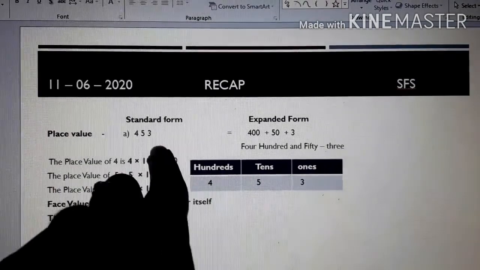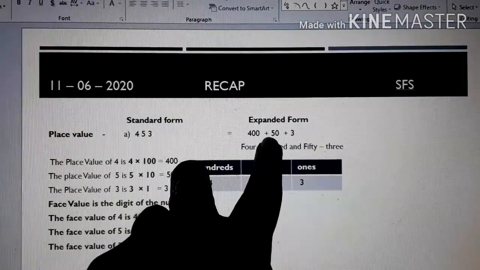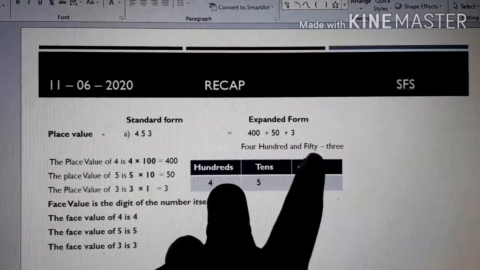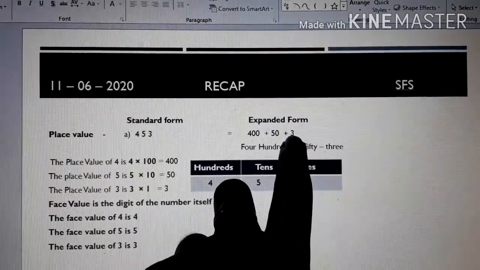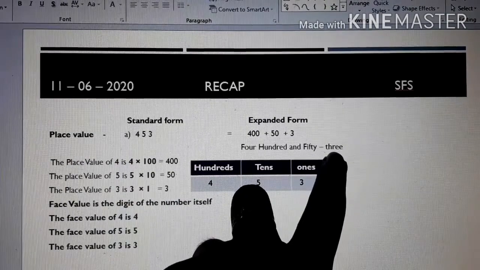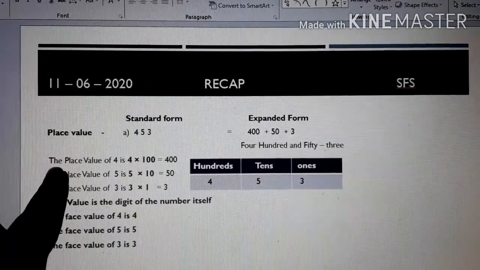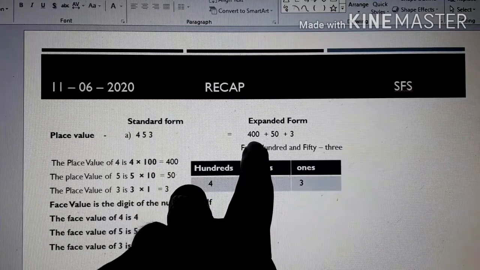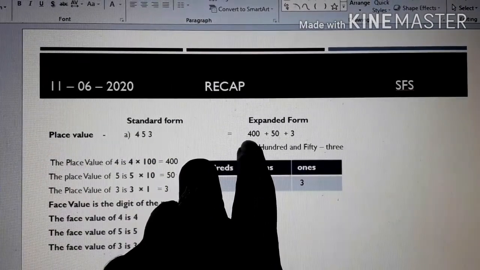Okay? So this is called standard form. This is called expanded form. So in words, how will you write? It is four hundred fifty-three. Understood, children?